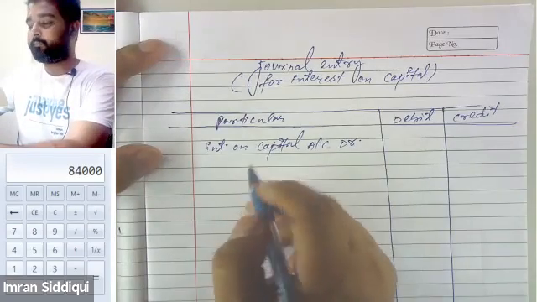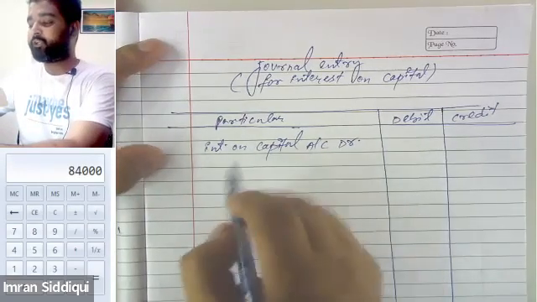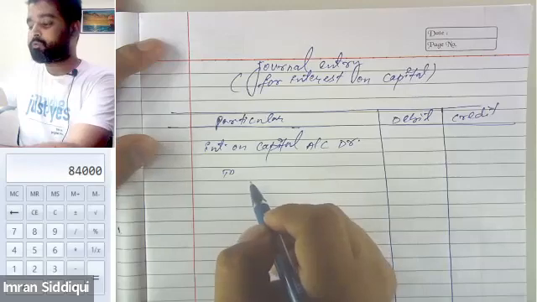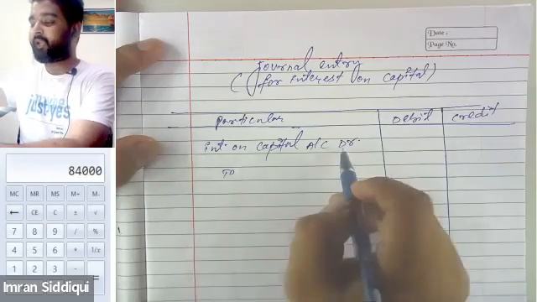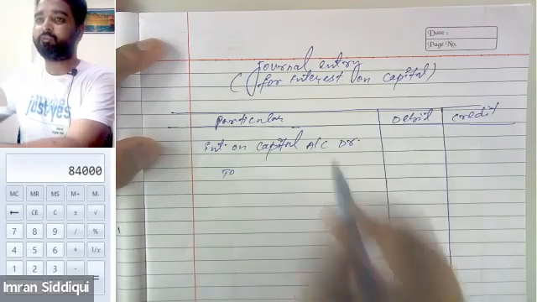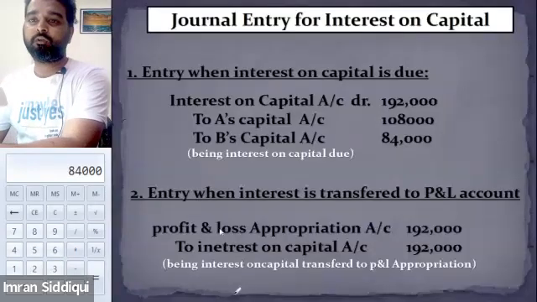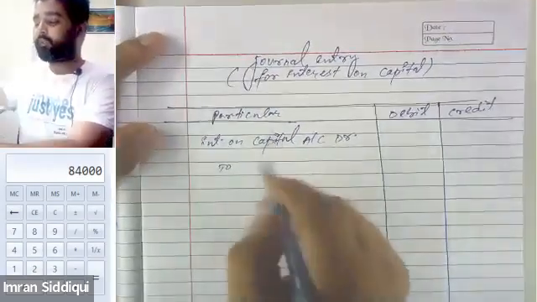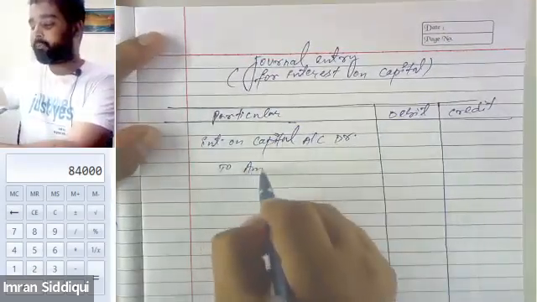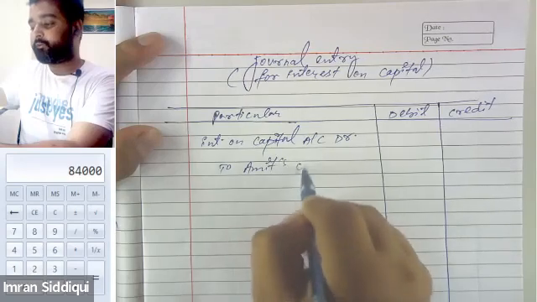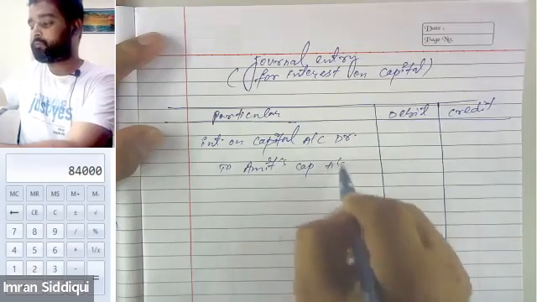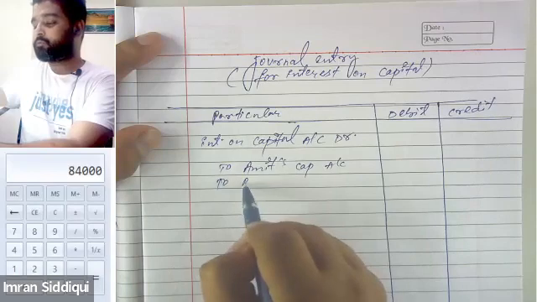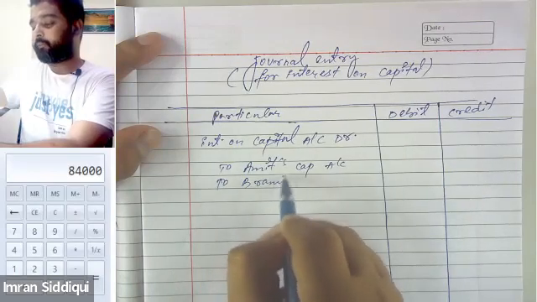So we will write interest on capital account debit to partners' capital accounts. The names of the partners were Amit and Brahmit. So interest on capital account debit to Amit's capital account, to Brahmit's capital.